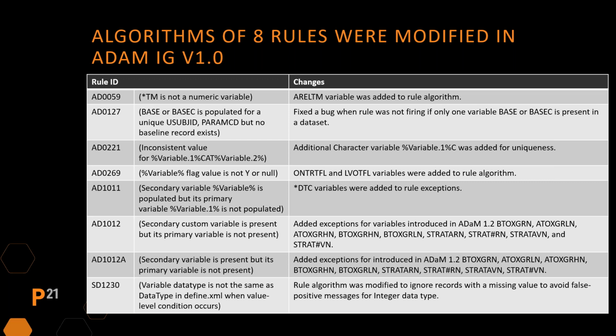In ADaM, there is a rule that pairs of numeric coded variables and character variables must have a one-to-one relationship. Now, DTC, which is a date-time variable in character in SDTM, these variables are added to rule exceptions in this check.